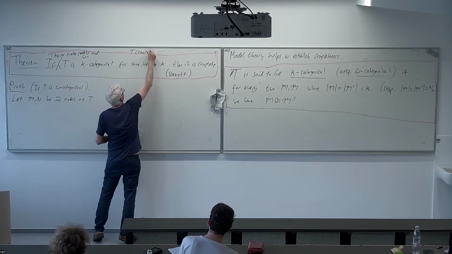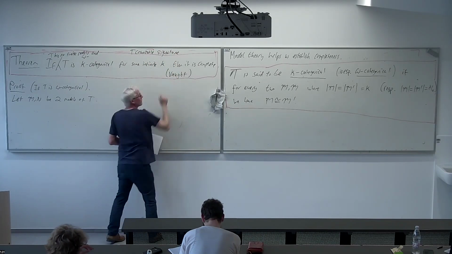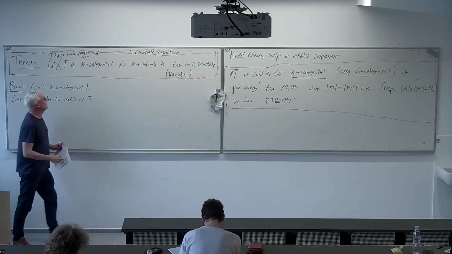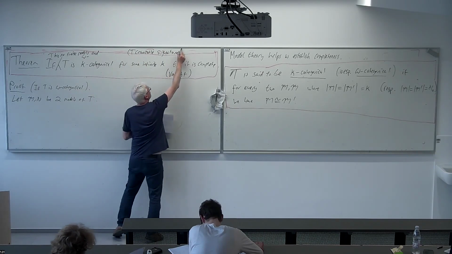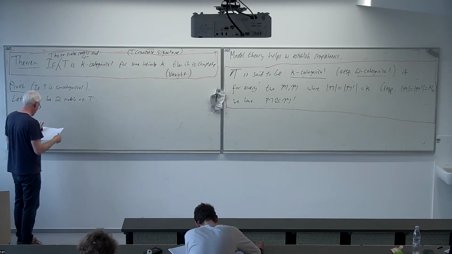Always today assuming we've got a countable signature, because we're fundamentally talking about decidability of things. So this should have also been said. I mean, I did say it at the start, but it also applies. It's also required here.